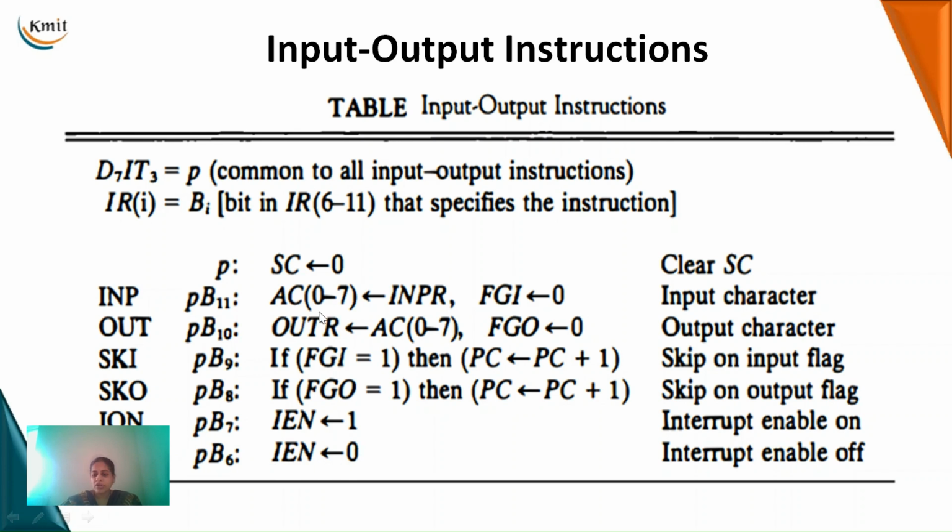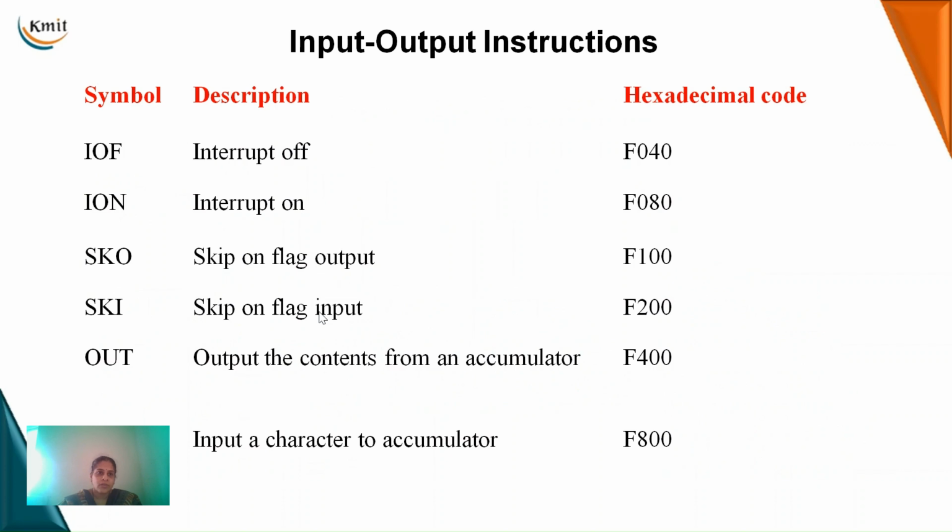So this is all about input output instructions. ION is interrupt on, SKO represents skip on output flag, SKI represents skip on input flag, OUT represents output the contents from the accumulator, whereas the INP instruction is used to input a character to the accumulator.